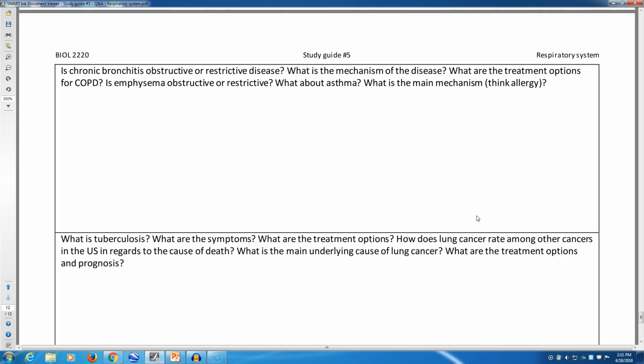Emphysema, I want you to use it as an example of restrictive disease because alveoli become destroyed. Does that make sense? So vital capacity of a lung goes down in emphysema. Does that make sense here? What are the treatment options for obstructive diseases?